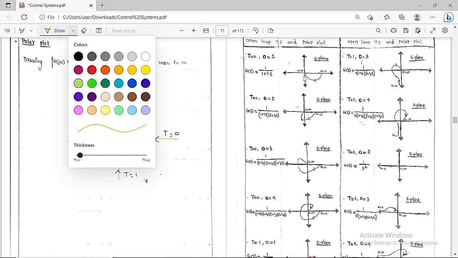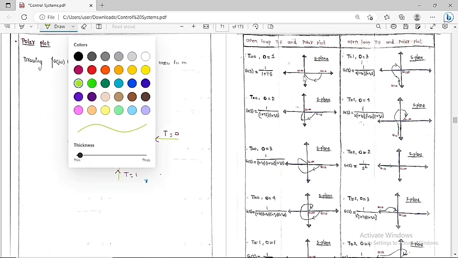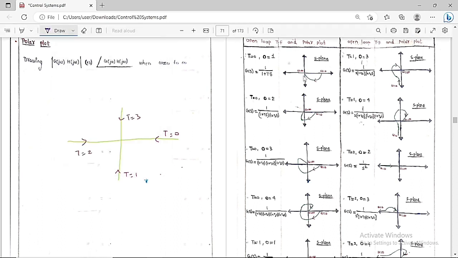I am going to write with the other pen so that you can easily understand. This is the order 1. And this is the order 2. And this is the order 3. And this is the order 4. So these things you always have to keep in your mind.